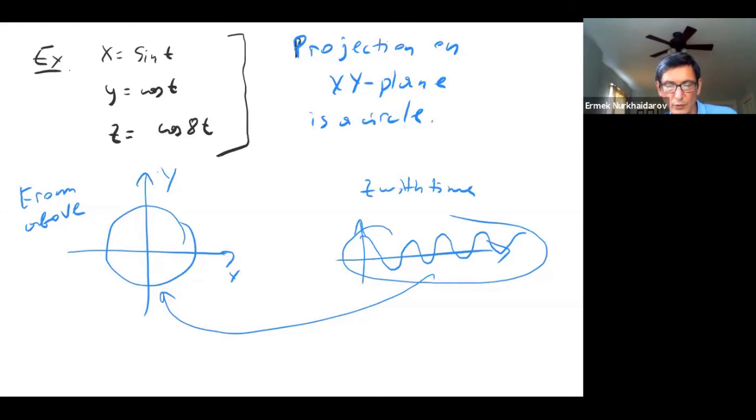I'll try to sketch what might be happening. The picture will probably be pretty bad. So just imagine a cylinder, right? Somebody suggested to do a cylinder.